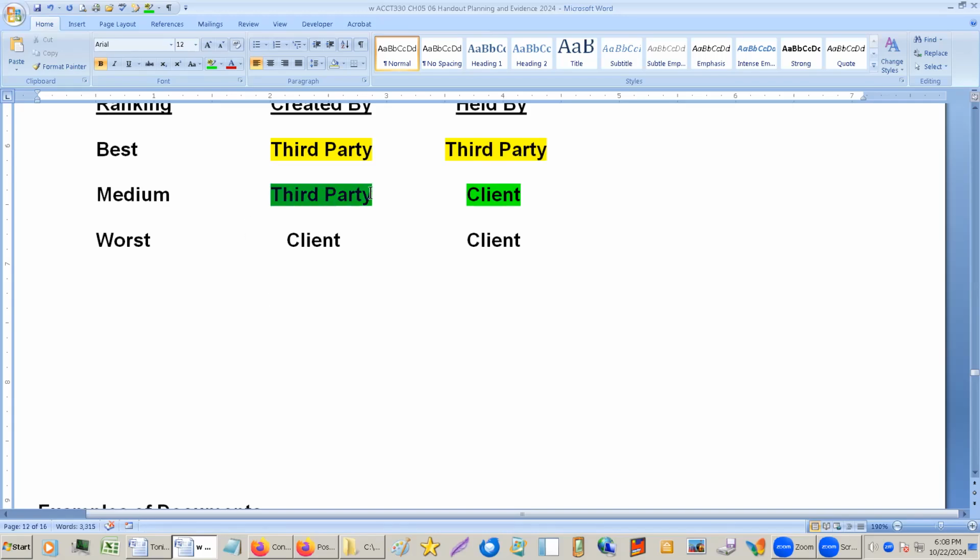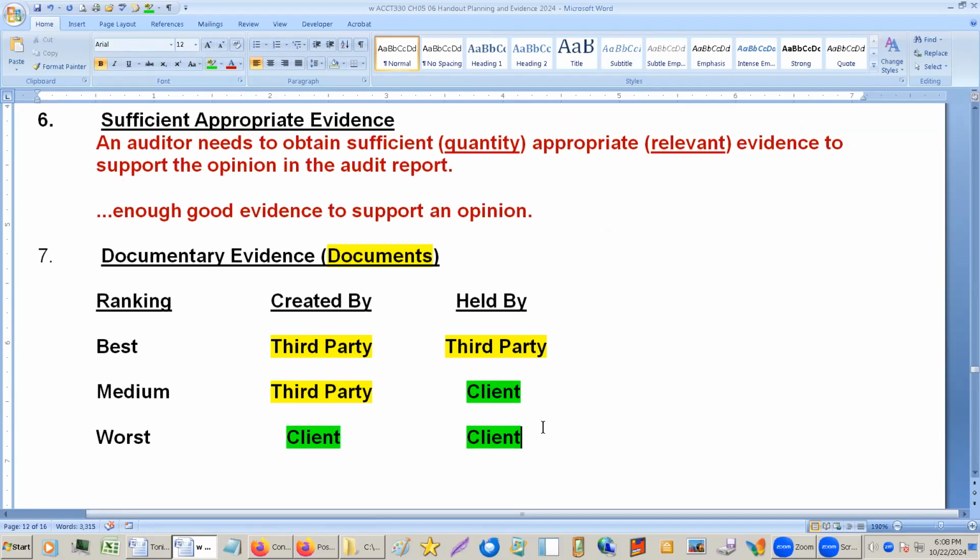Actually, I'm going to do this a little differently. I'm going to color coordinate this as yellow. The worst evidence is made by the client and it's held by the client. Now, let me give you an example of medium evidence first. For instance, a bank statement sent to the client.